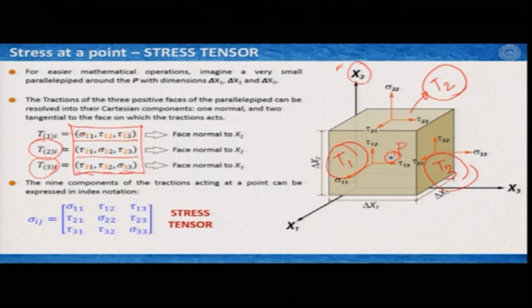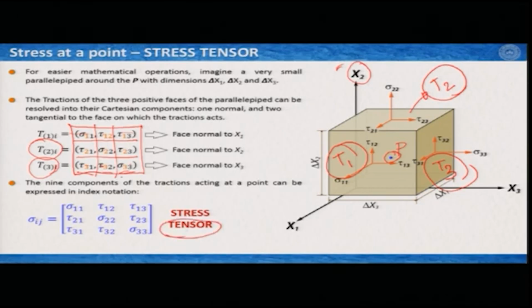But when we need all these 9 components, 1, 2, 3, 4, 5, 6, 7, 8, 9, to define the stress at a point, it does not remain a vector anymore. It becomes a new kind of quantity, with a new description of the parameters, and this is known as a tensor.